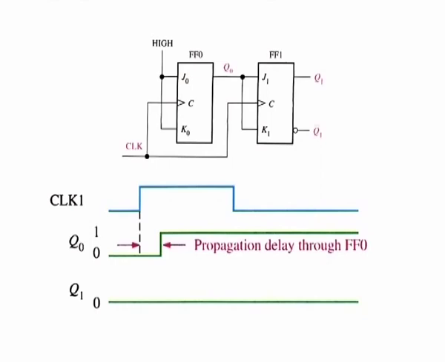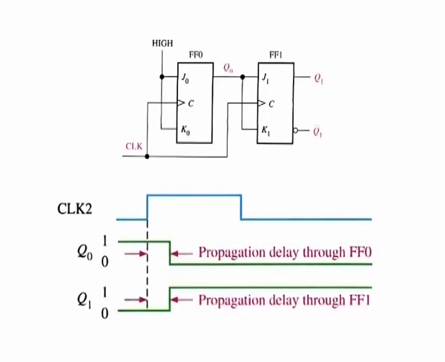After clock 1, Q0 is equal to 1 and Q1 is equal to 0, which is a binary 1 state. When the leading edge of clock 2 occurs, flip flop 0 will toggle and Q0 will go low.